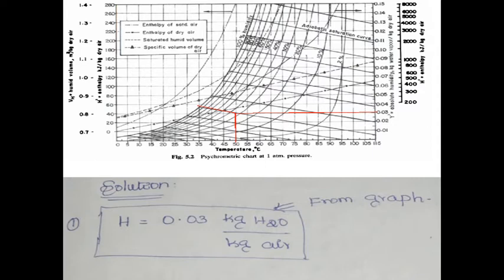So read the humidity capital H. Don't worry, in the chart absolute humidity is capital Y dash, but for our notation it is capital H. You take that value, 0.03, from the graph as capital H or absolute humidity. Absolute humidity unit: 0.03 kg of water per kg of air. Are you clear or not?